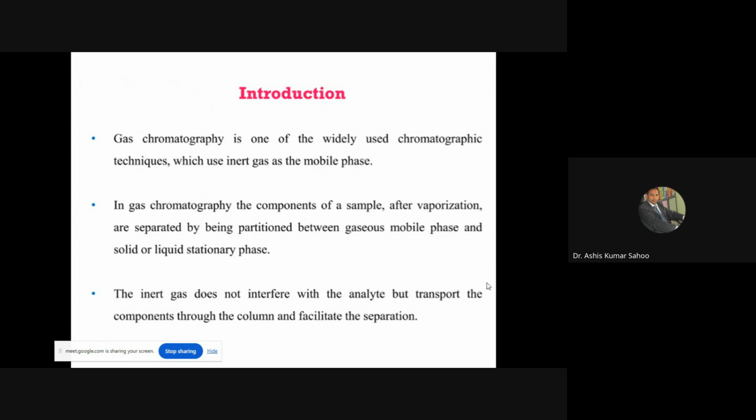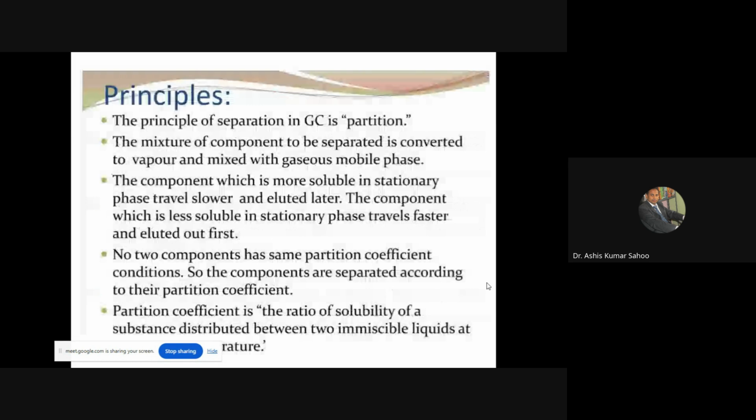In gas chromatography, the components of the sample after vaporization are separated by being partitioned between the gaseous mobile phase and the liquid stationary phase. The inert gas doesn't interfere with the analyte, transporting the components through the column. So this is the introduction of gas chromatography.